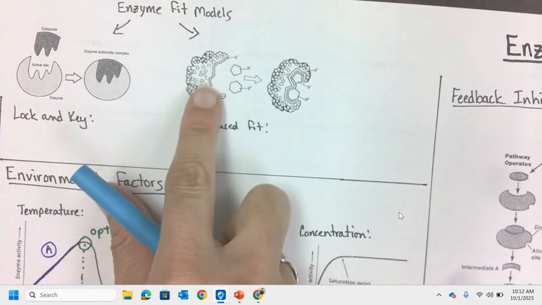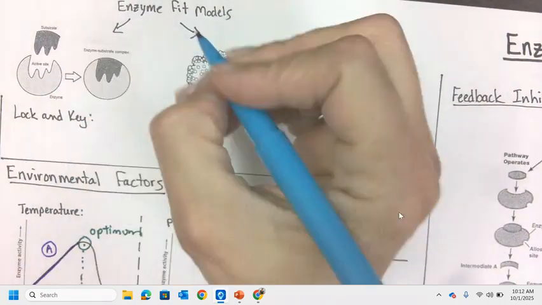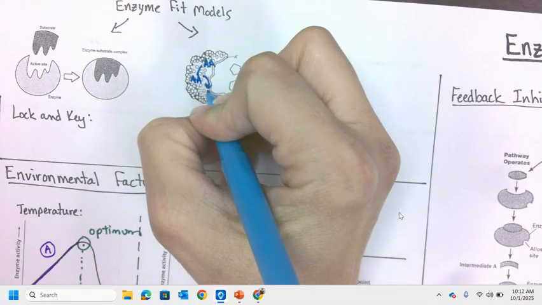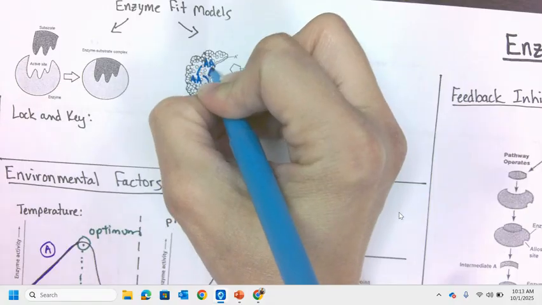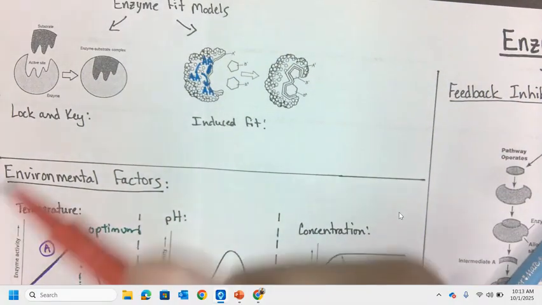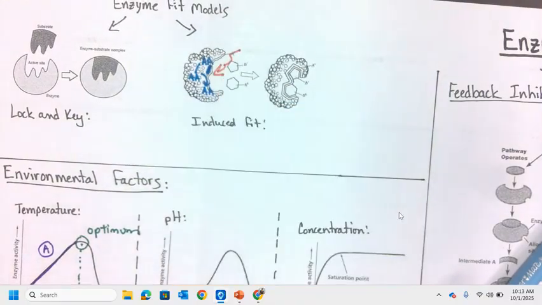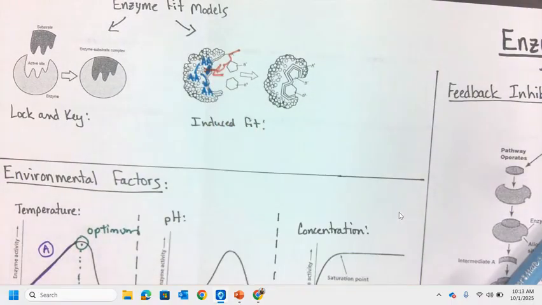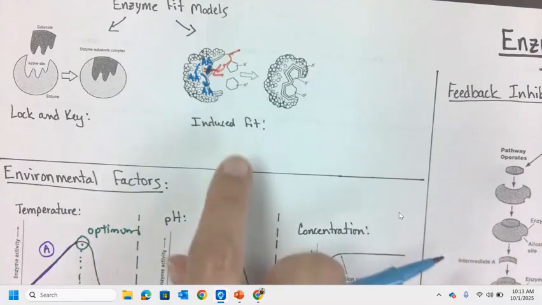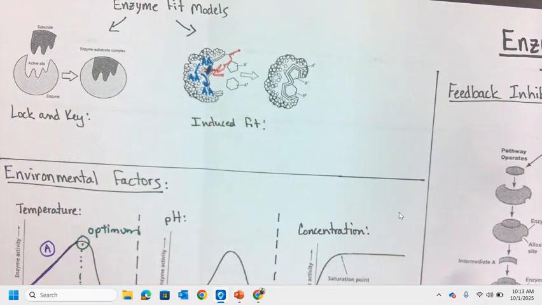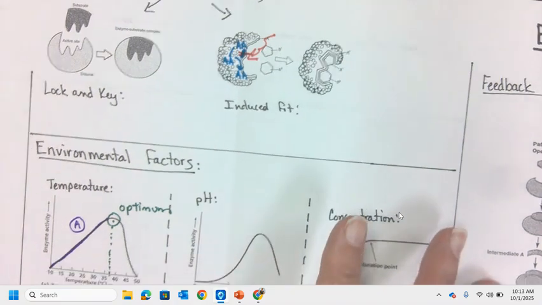So if we think about this enzyme's shape as the relationship and the bonds between the different amino acids in the structure, as temperature increases, we're putting a lot of kinetic energy into this enzyme, causing these bonds to break, causing the enzyme to lose its form and lose its function. So basically, high temperature breaks bonds in the tertiary structure of the enzyme, causing a loss of structure, which causes a loss of function.